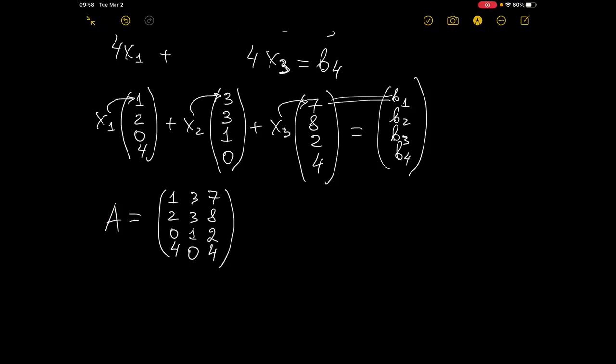So, okay, how to get the basis in the column space? Reduce it to echelon form?